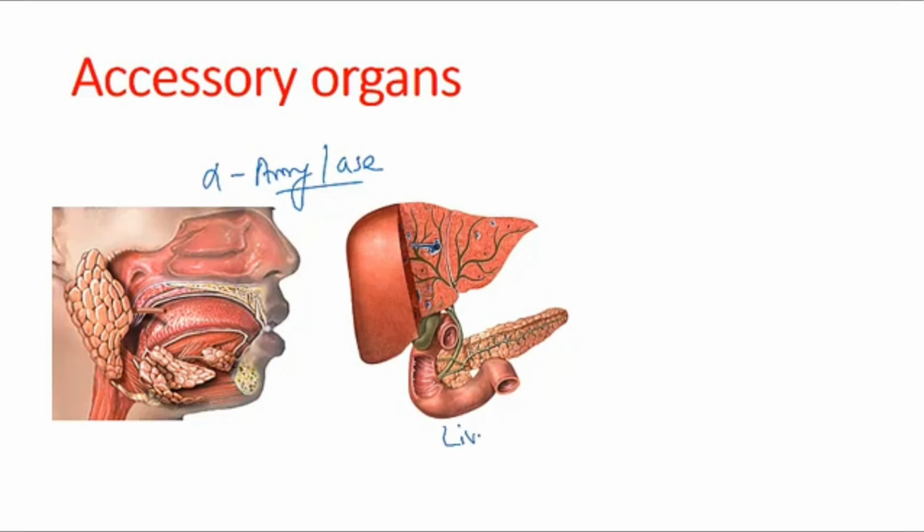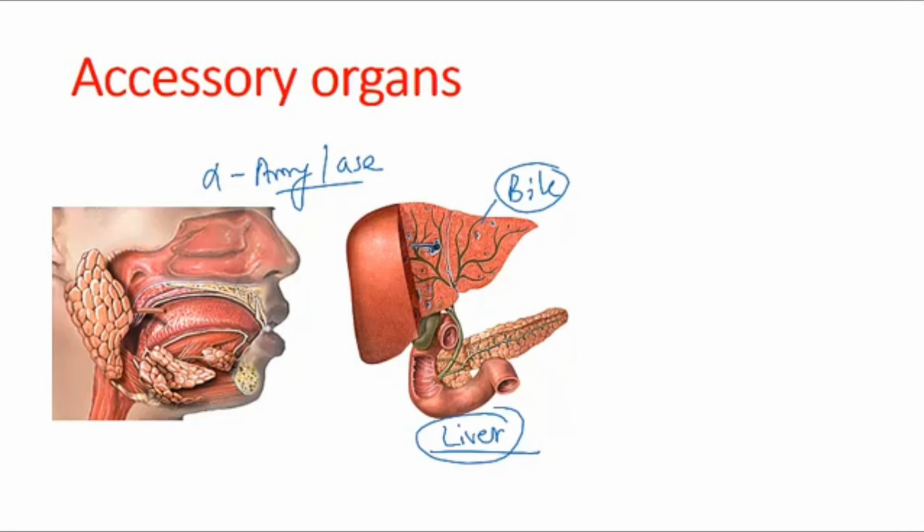The second one is the liver. This is probably one of the most important organs of all. From the perspective of digestion itself, it is very important because it produces bile, which emulsifies the fat. Without the release of bile or bile salts, we cannot digest fat, because bile emulsifies the fat molecules, breaks them down and increases their surface area, so that lipase enzymes can break down those lipid molecules.